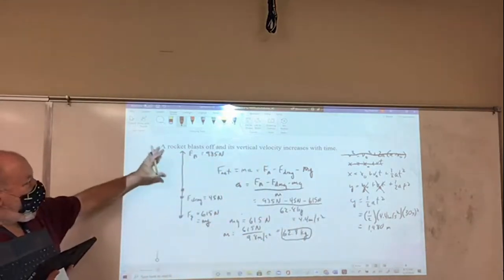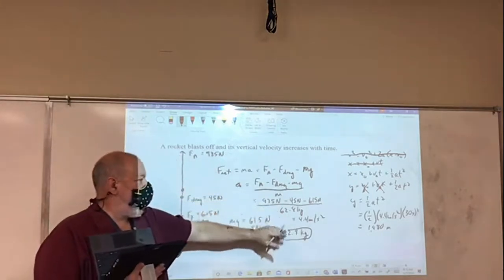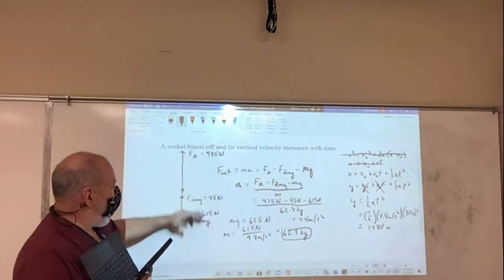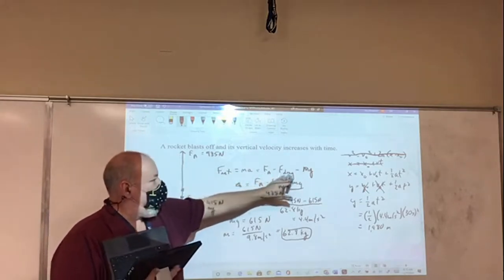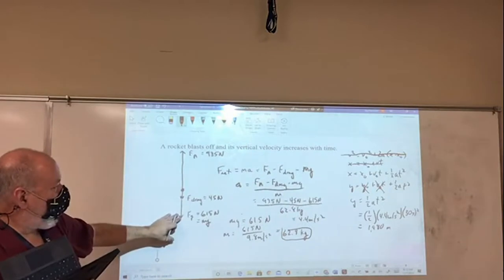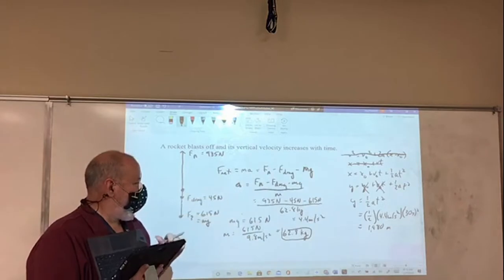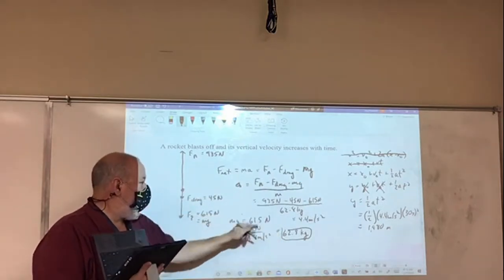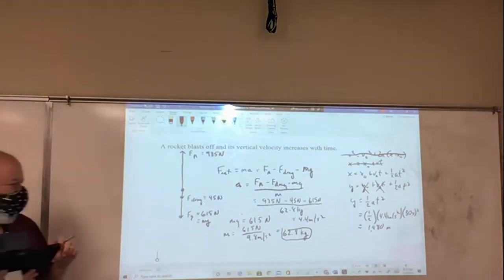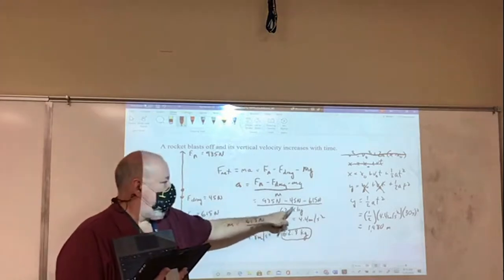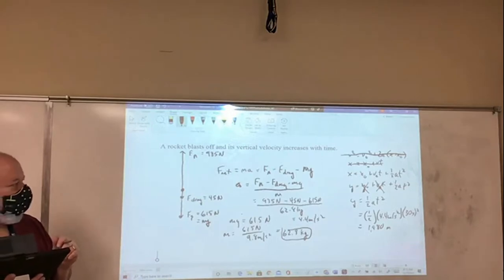Then say, oh, I can use this force setup to find out what the acceleration is going to be. We did that. We created our free body diagram. Our free body diagram showed us how to set up the sum of forces, and then I isolated acceleration, plugged my values in, and found that. Along the way, I recognized that I also needed to find the mass of the object because I needed to plug that in here, and we solve the problem. Okay?